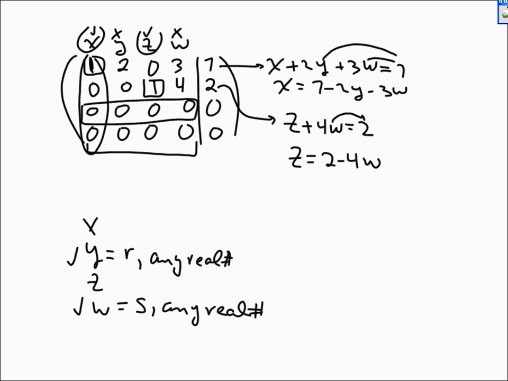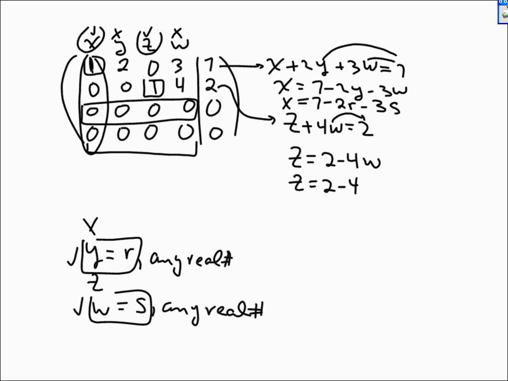But remember, we're calling y the letter r, so it's 7 minus 2r minus 3, and the w we're calling s. W is s. So z is 2 minus 4w, but w is s.